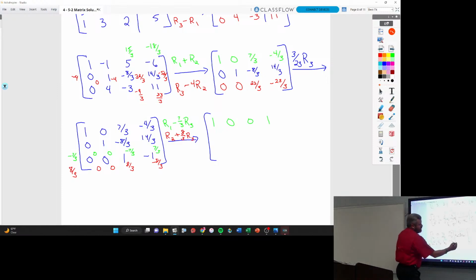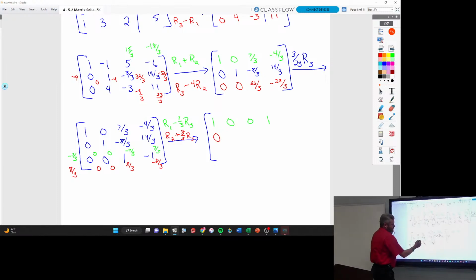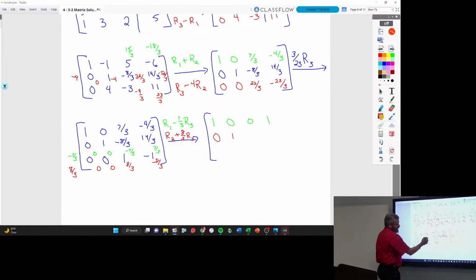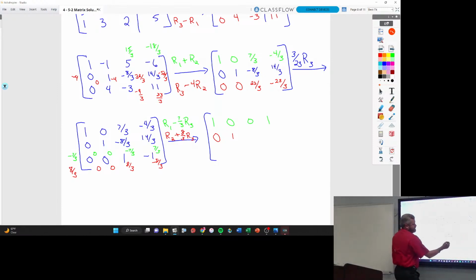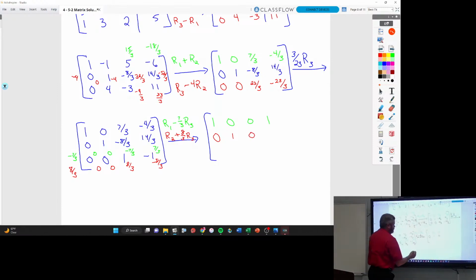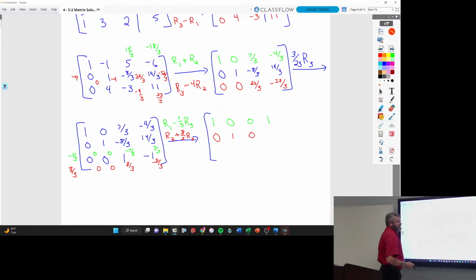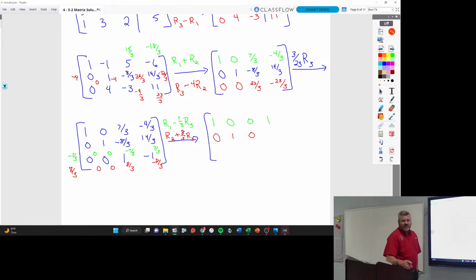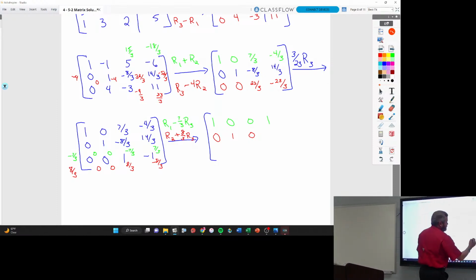So 0 and 0 is 0. 1 and 0 is 1. Negative 8/3 and positive 8/3 is 0. 14/3 minus 8/3 is 6/3. And 6 divided by 3, of course, would be 2.